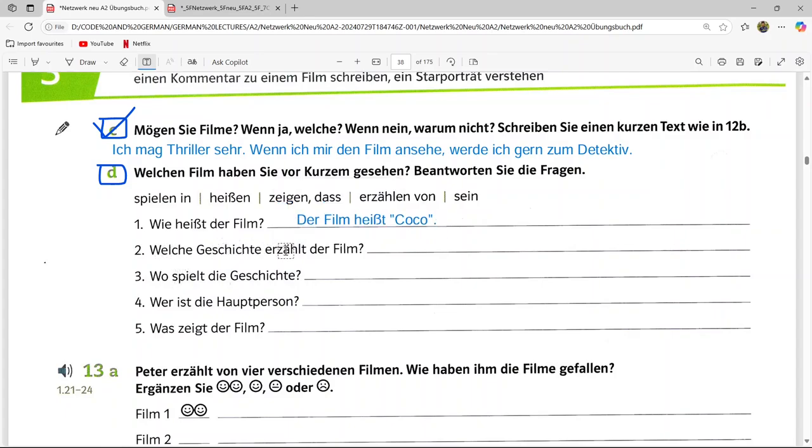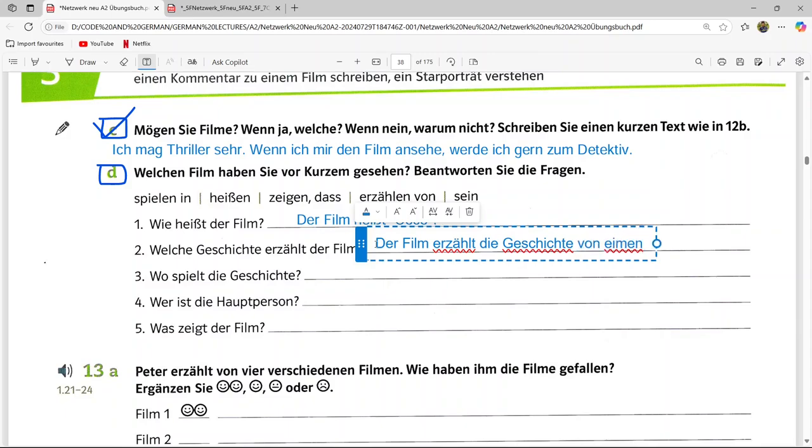Welche Geschichte erzählt der Film? So which story is told in the film? So the story is about a boy. Der Film erzählt die Geschichte von einem Jungen, so a boy, and he loved the music.